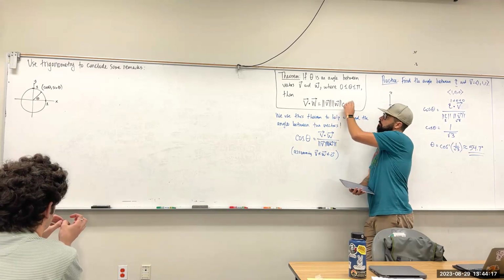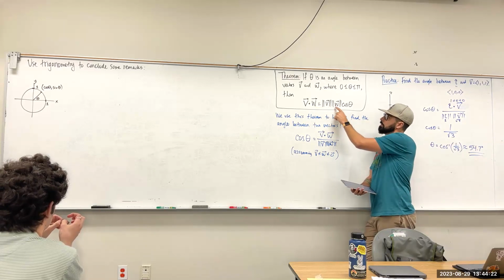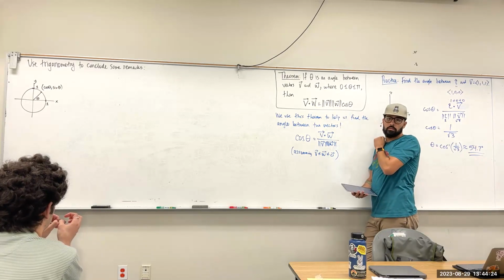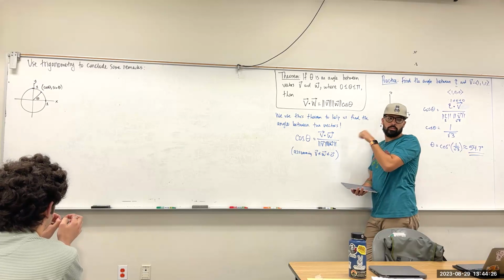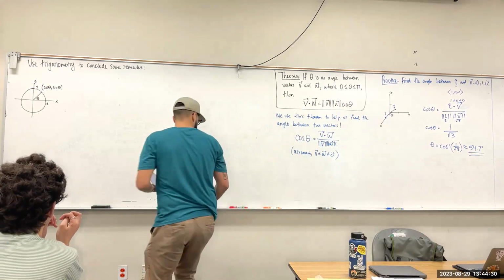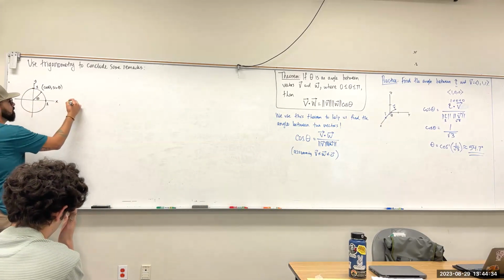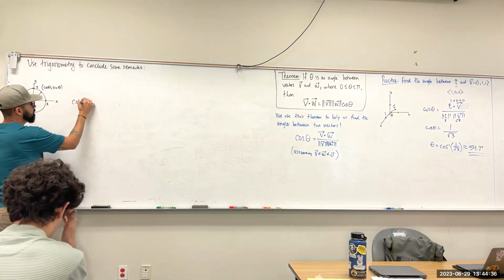So what controls whether the dot product will be positive or negative? The cosine of that angle, right? That's the only thing that will tell you if it's going to be positive or negative. Let's use that fact with the unit circle that we know about cosine of an angle.